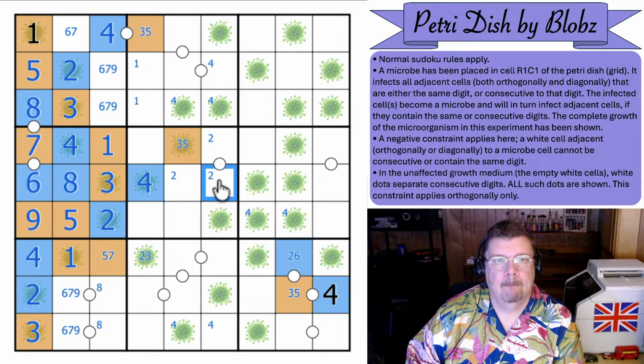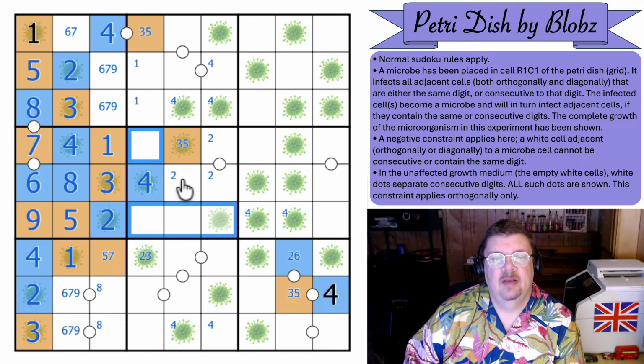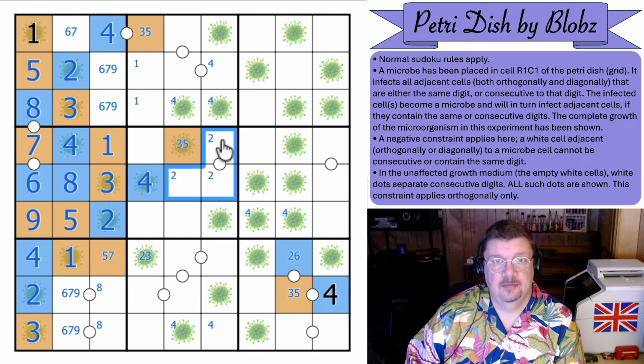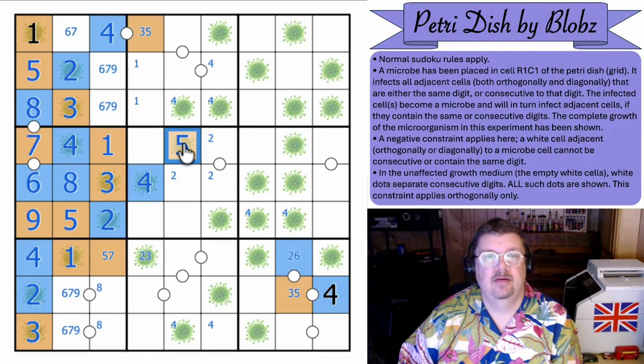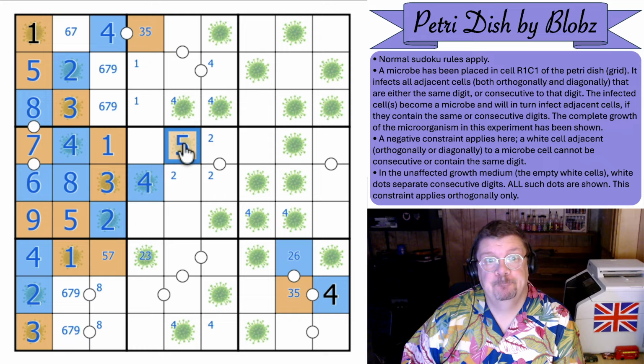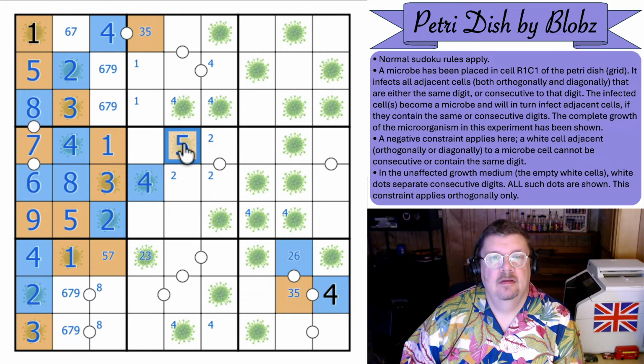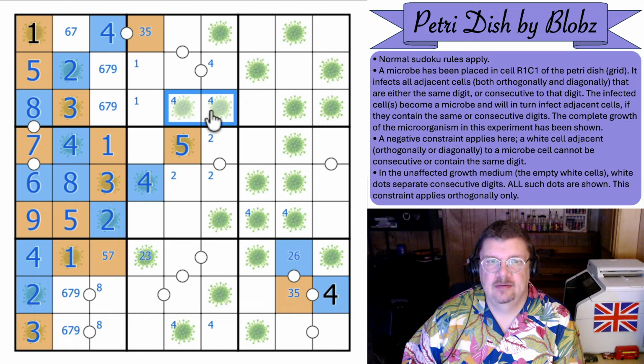Right, 2 is not in any of those by sudoku. It is not here because there is no white dot. So that means that 2 is in one of those 3 cells. If that's a 3, then those can't be 2 or they would be microbes. Therefore, if that's a 3, this is a 2. But if that's a 2, this has to be a 1 or a 3, which it cannot be. So that cannot be a 3, that's a 5. Okay. This means that at least one of those is from 4, 5, and 6.